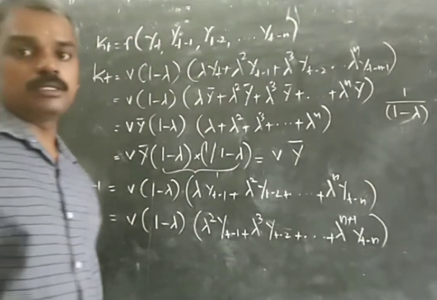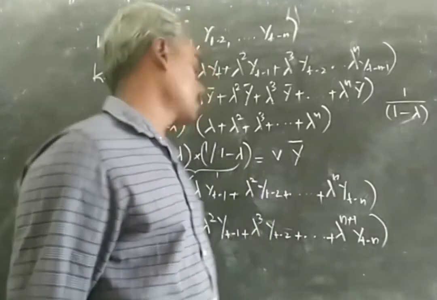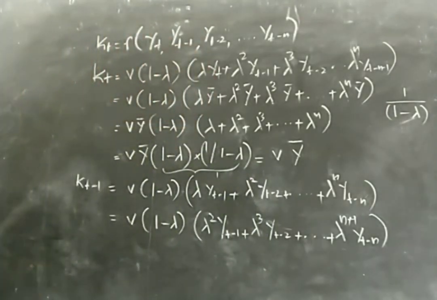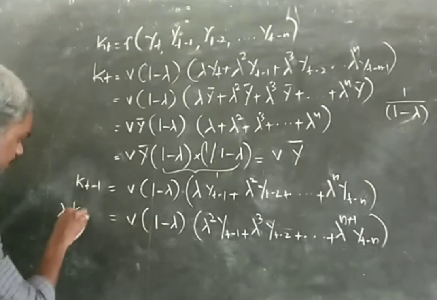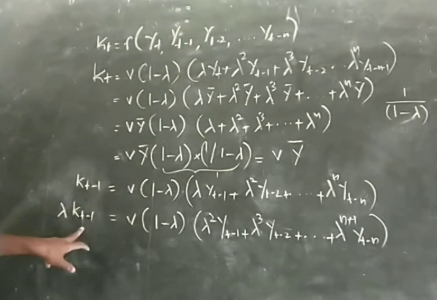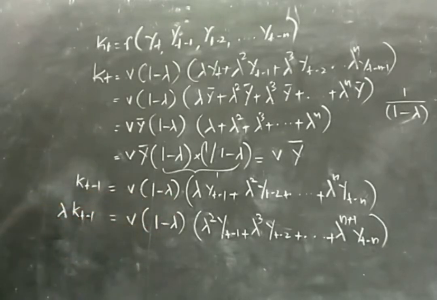Now we have to find the net investment, which is nothing but the difference between Kt and Kt minus 1. So lambda Kt minus 1. Here Kt minus 1 becomes lambda Kt minus 1 because we are multiplying both sides of the equation by lambda. So we are subtracting lambda Kt minus 1 from Kt.